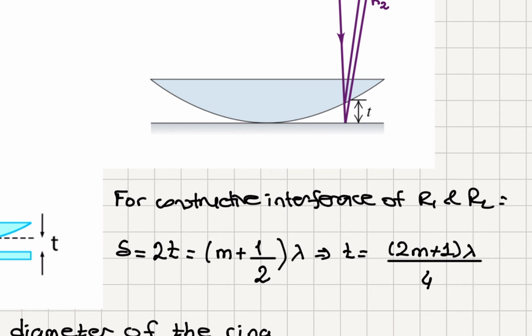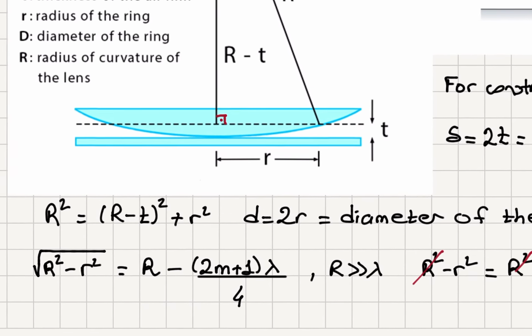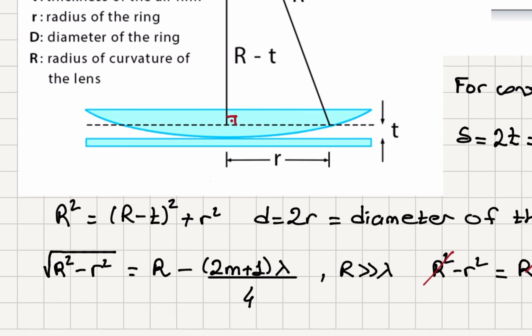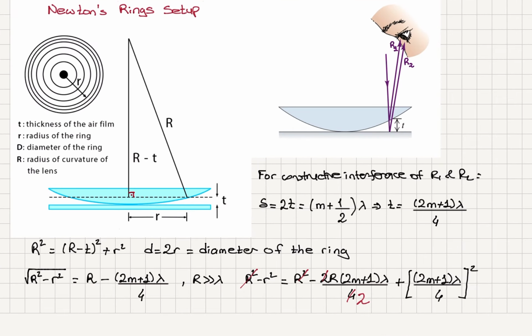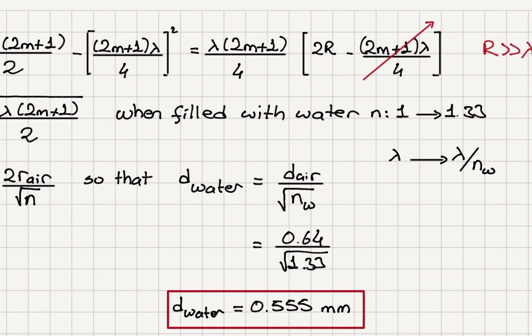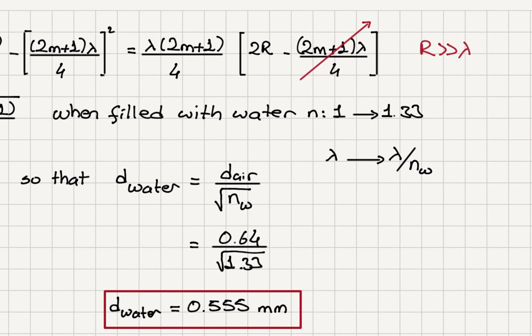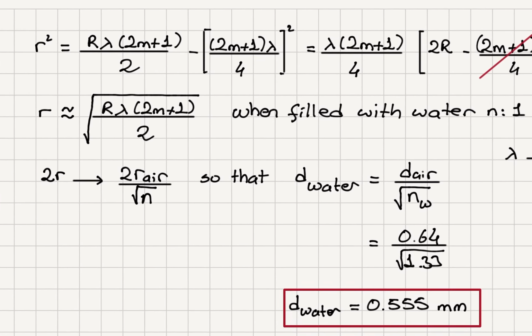So this tells me that t is in the form (2m plus 1) lambda over 4, which I substitute into this Pythagorean theorem, and I solve for the radius of the Newton ring using this expression. And then when I do that, I also realize that capital R is much greater than lambda. This is given, so one of the terms disappears, and I obtain r, the radius of the Newton ring, to be square root of capital R lambda (2m plus 1) over 2.